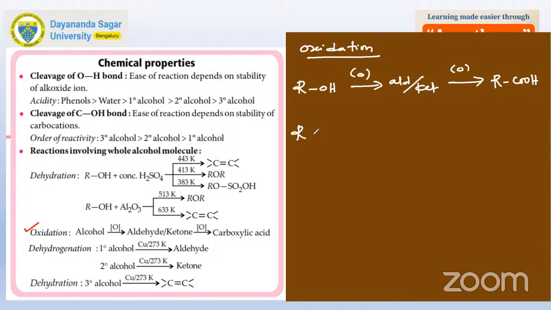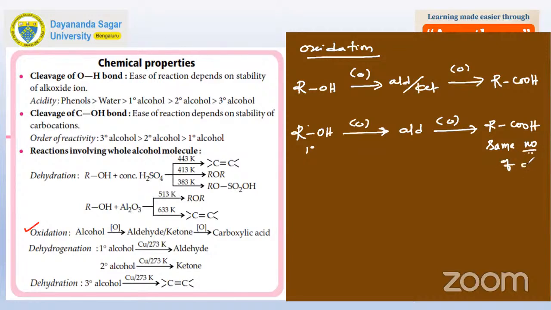If the alcohol is primary, then after oxidation we do not get ketone, but we get aldehydes. When aldehyde undergoes oxidation, you get a carboxylic acid having the same number of carbon atoms. That means if a primary alcohol has, say, 3 carbon atoms, then your carboxylic acid will also have 3 carbon atoms.